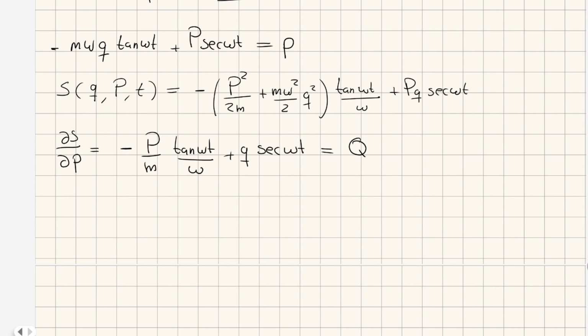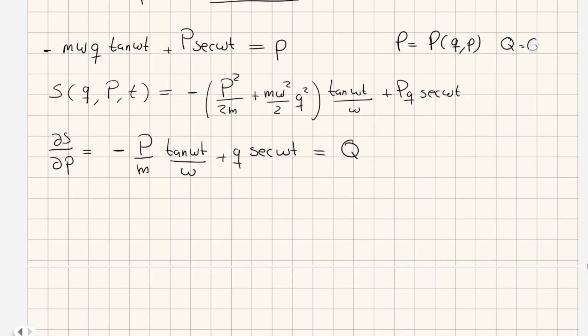Okay, remember that the interesting thing of the canonical transformations is that, well, we need to be able to express the upper p in terms of the little q and the little p, and the upper q in terms of the little q and the little p.